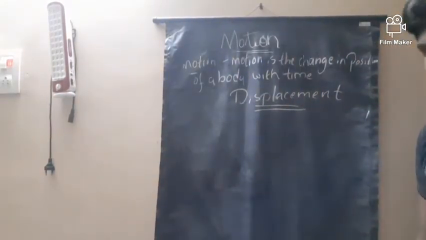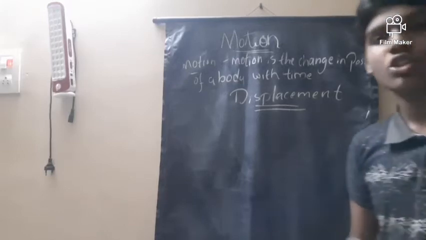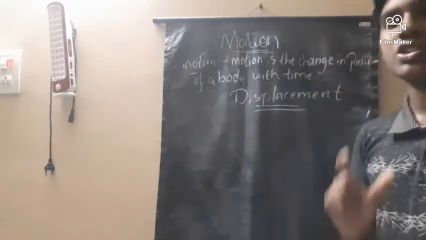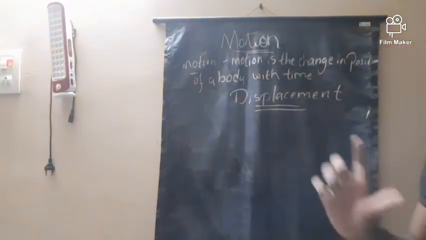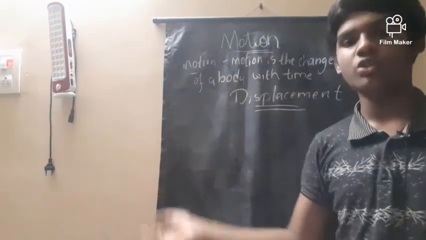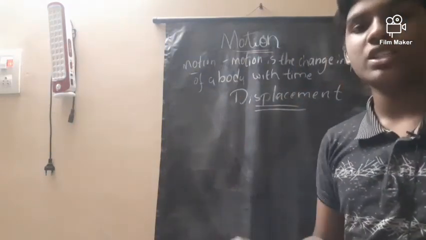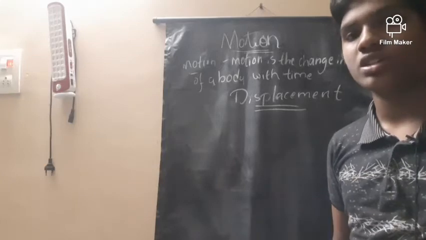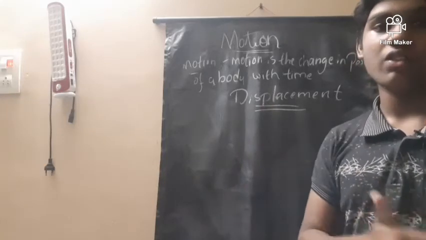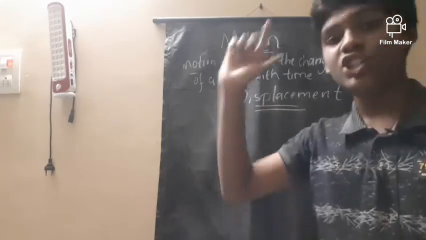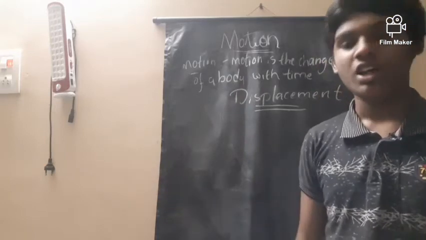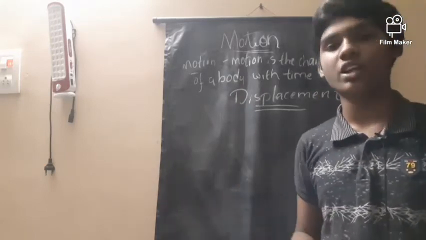Displacement is the length of the shortest path travelled by a body from initial position to final position. In velocity we discuss initial velocity and final velocity, but here in displacement it is initial position and final position. What are the initial position and final position?